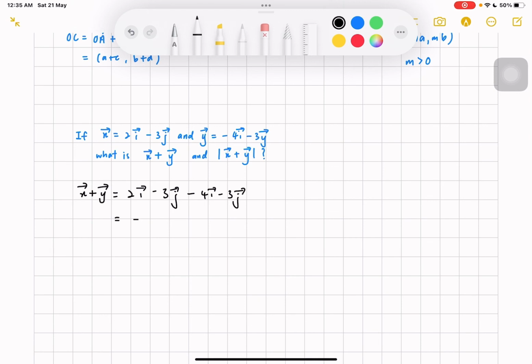We will get -2 vector i's minus 6 vector j's. That's it. And to find the magnitude, we take the square root, and we square the x coordinate and the y coordinate. So it would be -2 squared plus -6 squared, which gives an answer of square root 40. Yeah, and that's it.